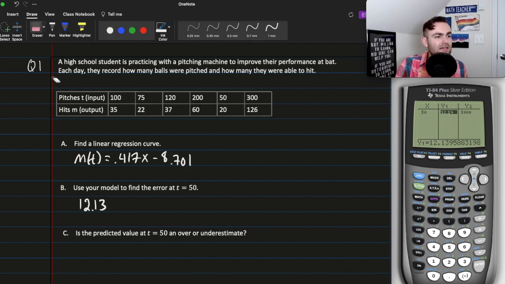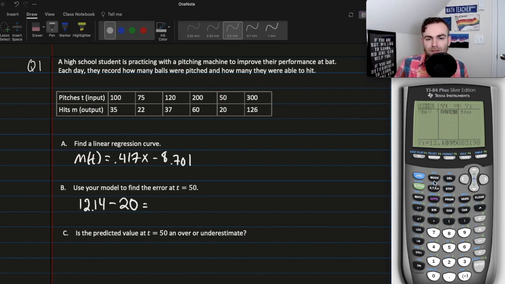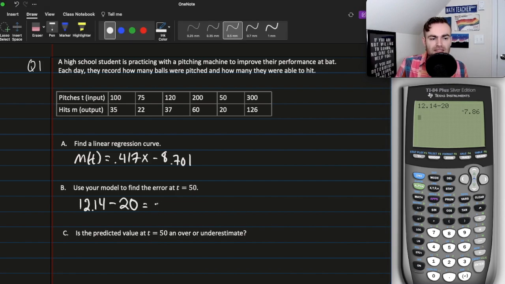Let's make that nice and easy, 12.14. At 50, we actually had 20, so we're going to take away 20, and this is a negative number, so we can already tell it's going to be an underestimate, which makes sense. 12.14 minus 20 is negative 7.86.